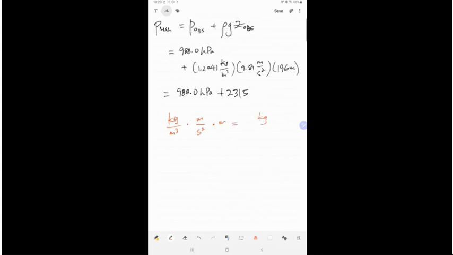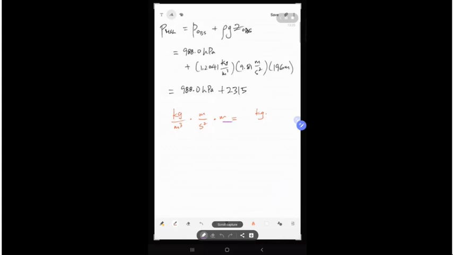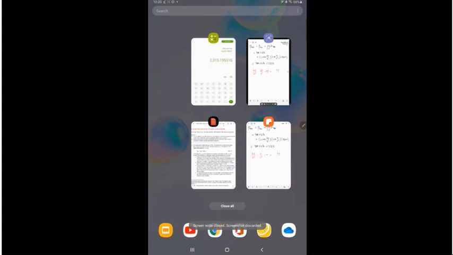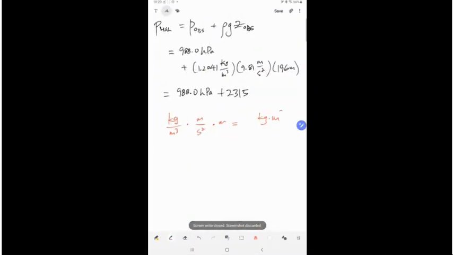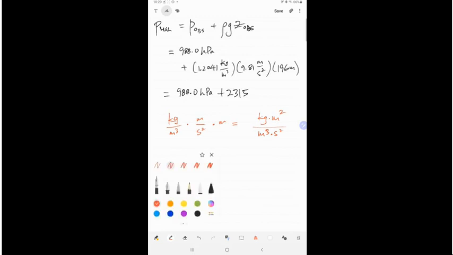Looks like we have kilograms times, and then here in the numerator we have a meter times a meter, okay? And so that's going to give us a meter squared. And in the denominator we have meters cubed and seconds squared. Now, doing a little bit of handy-dandy cancellation here, we have meters squared in the numerator and meters cubed in the denominator, and if we do that cancellation, we'll end up with just meters in the denominator.